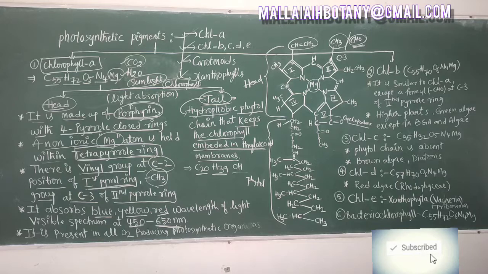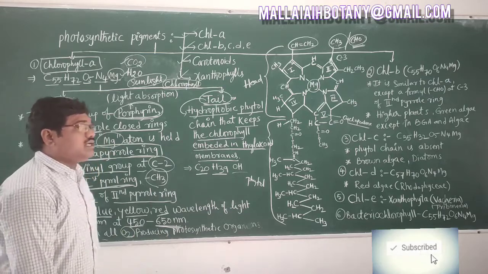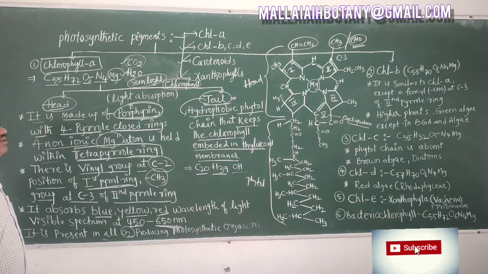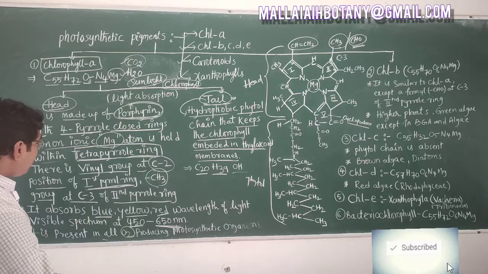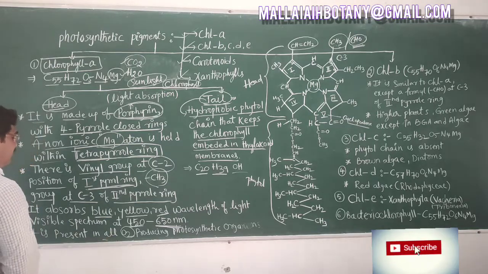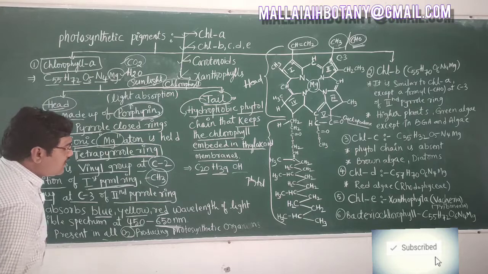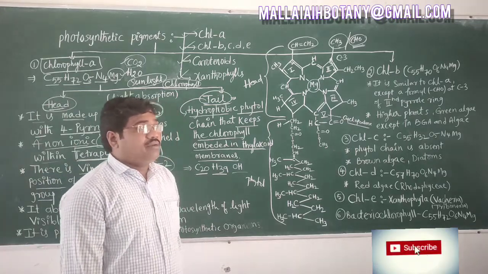Next, chlorophyll A is present in all oxygen-producing photosynthetic organisms, meaning organisms performing oxygenic photosynthesis contain the chlorophyll A molecule. It is present in all photosynthetic organisms except bacteria.